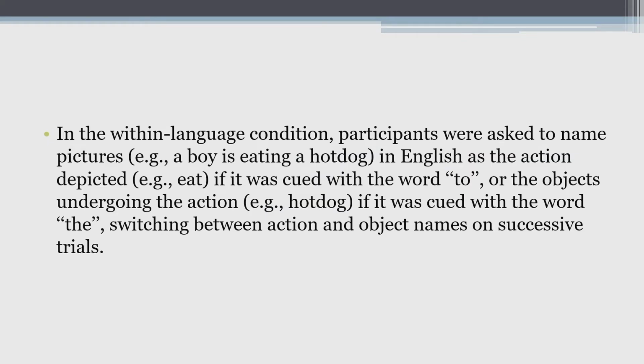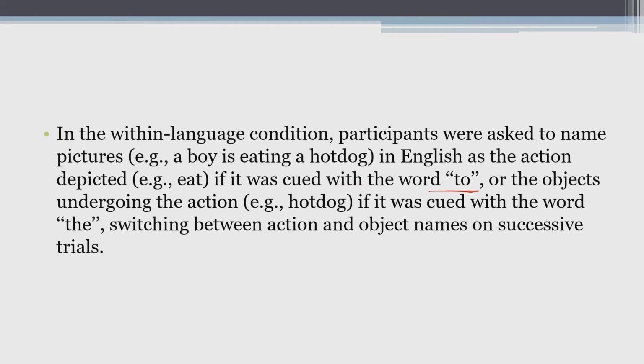This experiment also had a within language condition. In the within language condition, participants were asked to name a picture in English according to the action depicted. In one case they were supposed to name the action, that is the verb, if it was cued with the word to. So, if there is a cue to, now you have to mention the verb, what is happening in the picture.